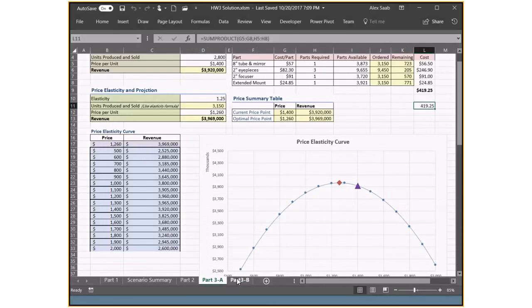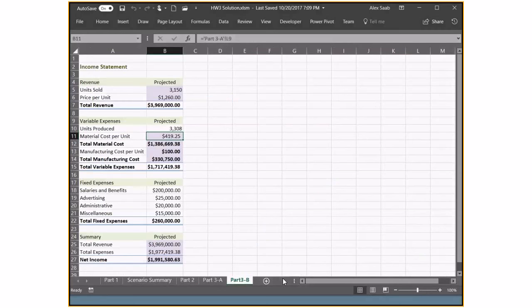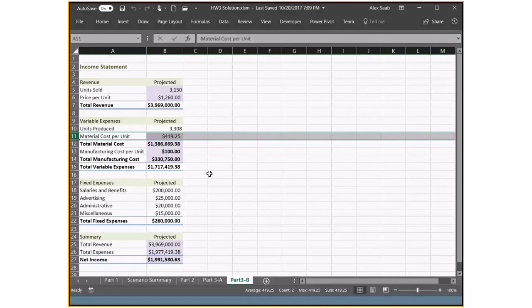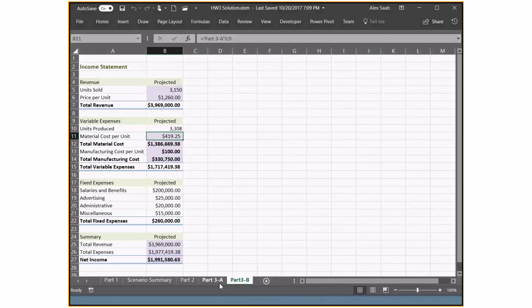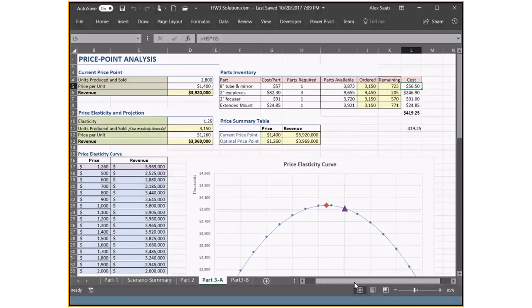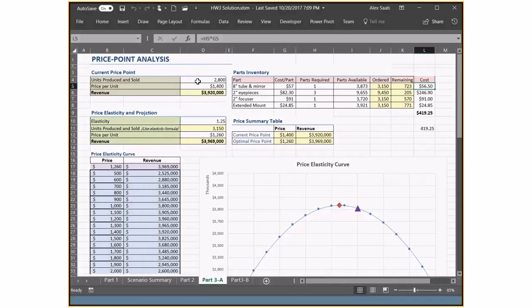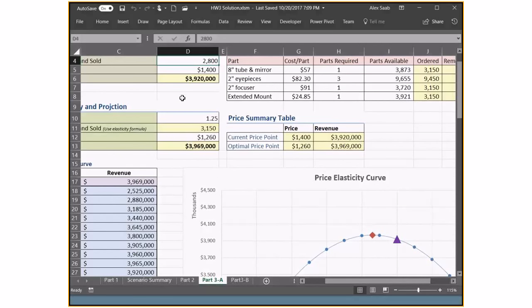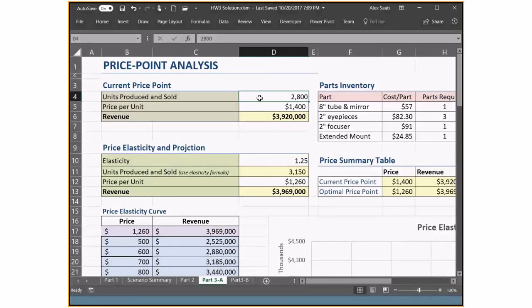So we spoke about how, from the income statement, the cost of material, this 419 could be calculated from here, or we could use some product. So the question is that we have the current price point.